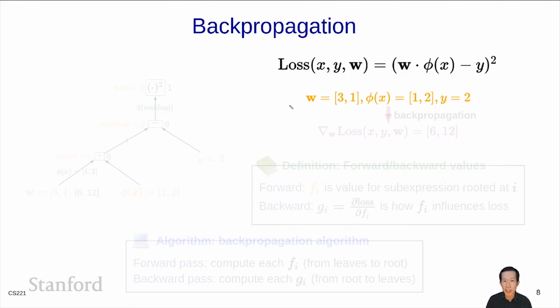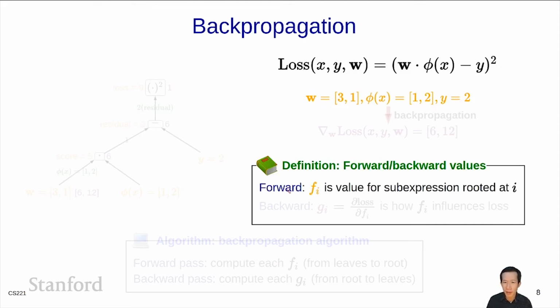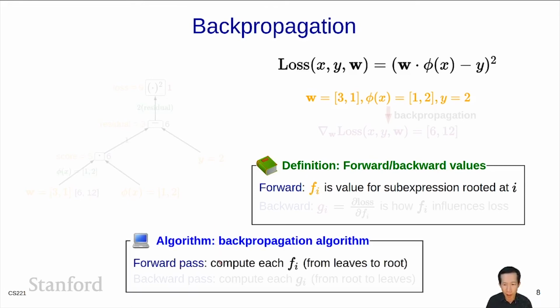So the backpropagation algorithm includes two steps, a forward step and a backward step. In the forward step, we're going to compute a bunch of forward values from the leaves to the root. And each forward value is simply the value of that sub-expression rooted at i. The value could be a scalar, a vector, or a matrix.